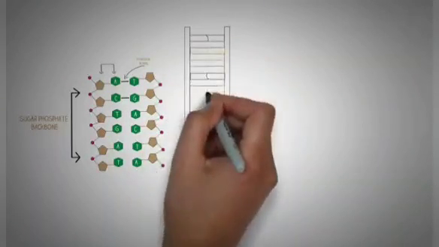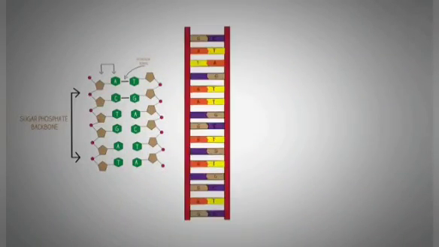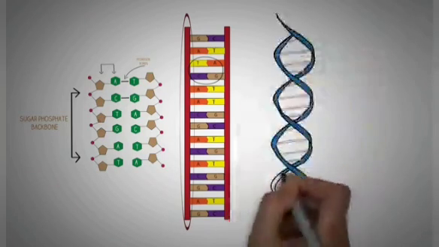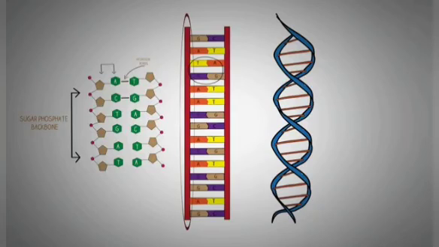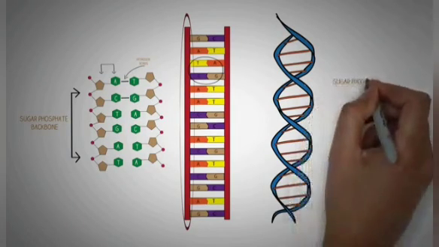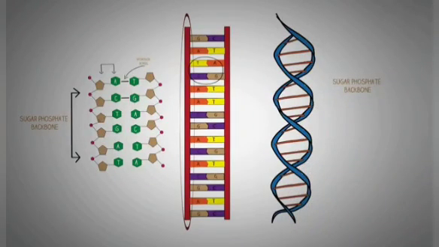Now this is the basic structure of DNA, and you can compare this with the step ladder structure of the DNA. You can see that the supports of the ladder in the red are basically representing the sugar phosphate backbone, and the rungs of the ladder represent the nitrogenous bases that are forming hydrogen bonds with each other. Now of course the original structure of DNA is that of a double helix.